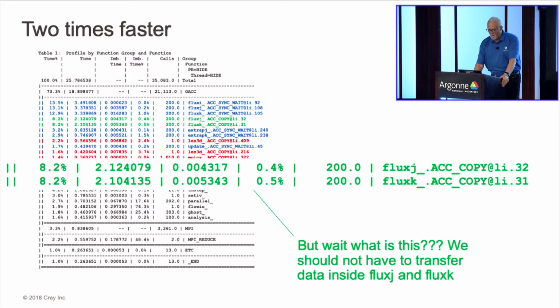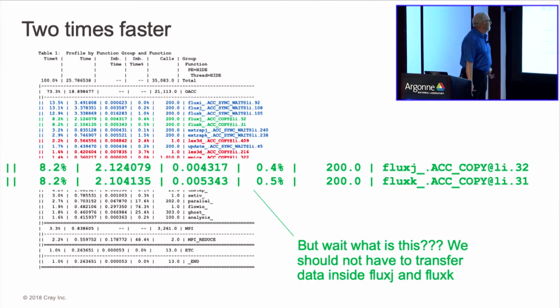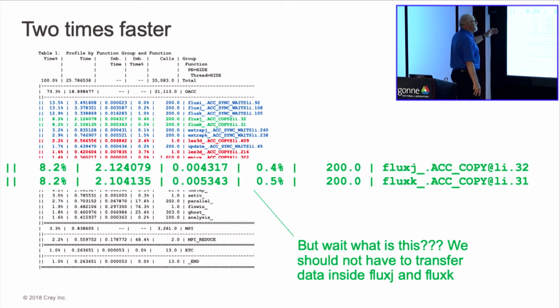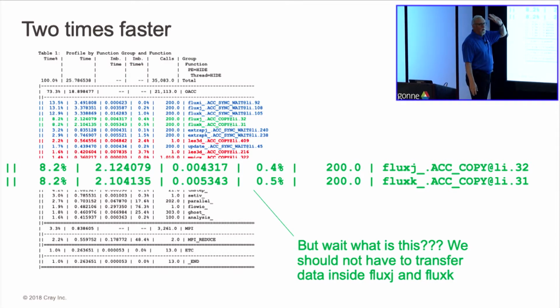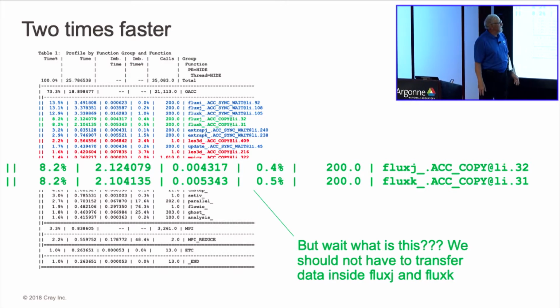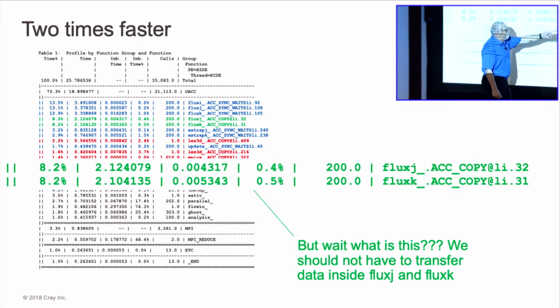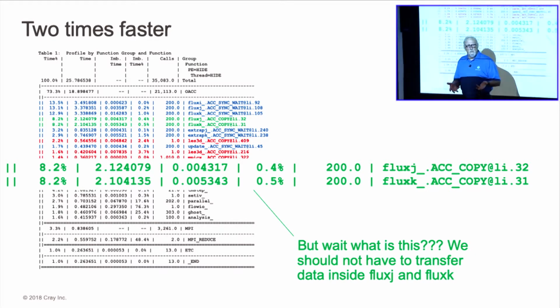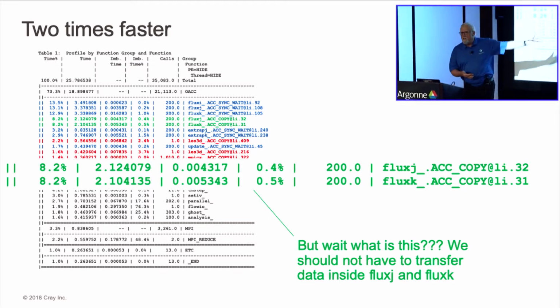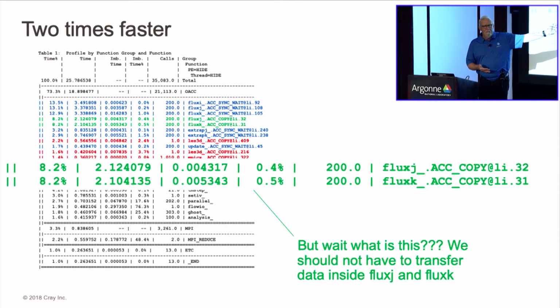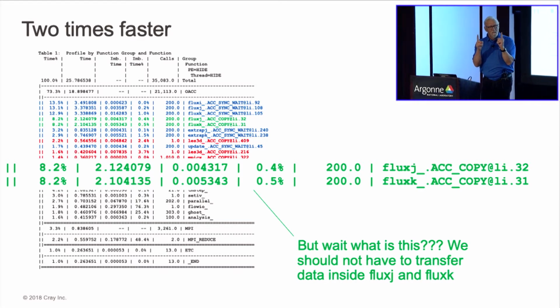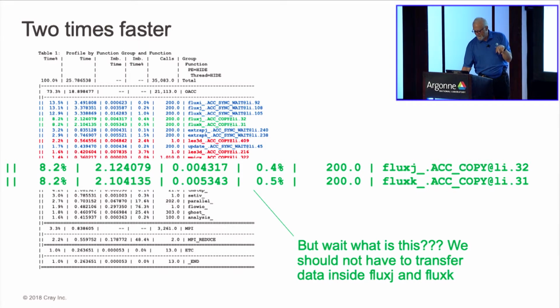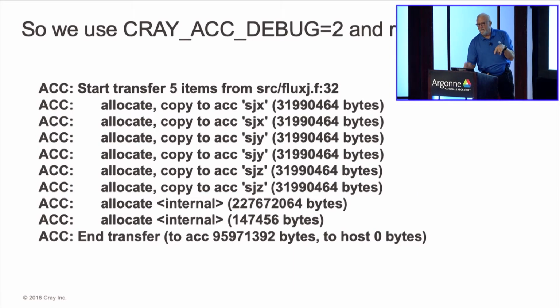But wait a minute, what is this? This is using 16.4% of the time. It's down in flux J, and if I handled my data right, that shouldn't be there. But the compiler sees that I forgot some arrays.